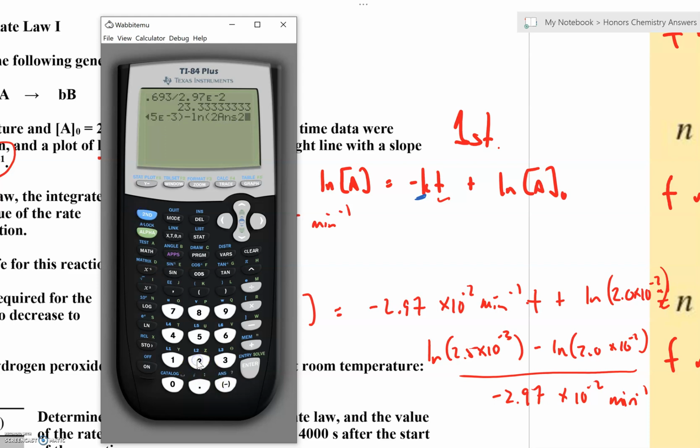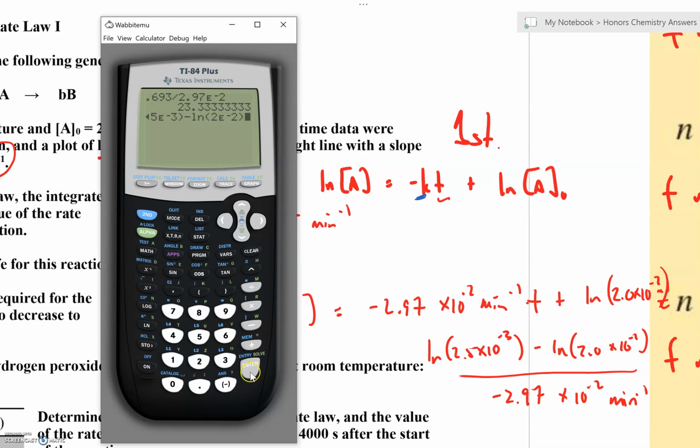Sorry, this calculator is a little strange sometimes. I think there's another way to do this where if you are dividing two natural logs, you can just take the natural log of dividing one by the other, but we're going to leave it just like it is. So 2 times 10 to the negative 2.